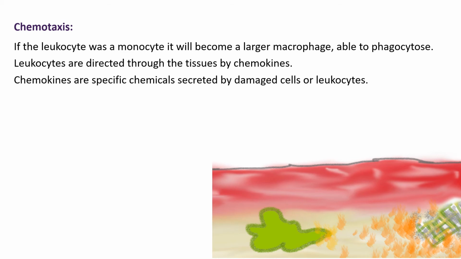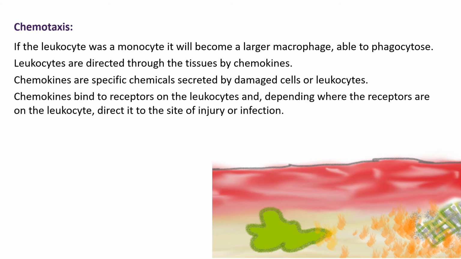They know where they need to go because of chemotaxis. So they are directed through the tissues by chemokines. These chemokines are specific chemicals secreted by damaged cells or leukocytes. Chemokines bind to receptors on the leukocytes, and as we said, if they bind to its nose, it knows to follow its nose.